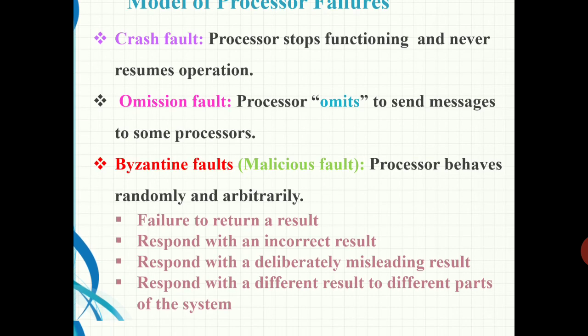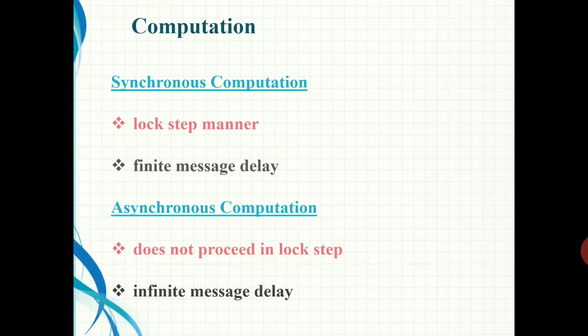Then come to the computation. We can classify it into two: first, synchronous communication or computation, and second, asynchronous computation or communication. In the case of synchronous computation, the processes run in a lockstep manner. Lockstep means a processor receives a message sent by its earlier process, performs some computation, and sends a message to another process.